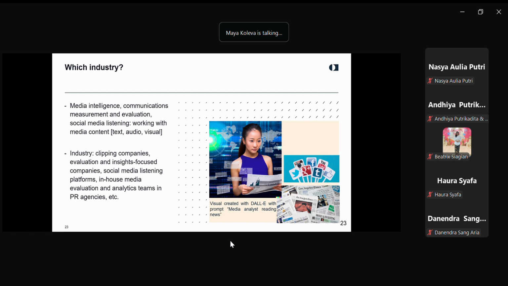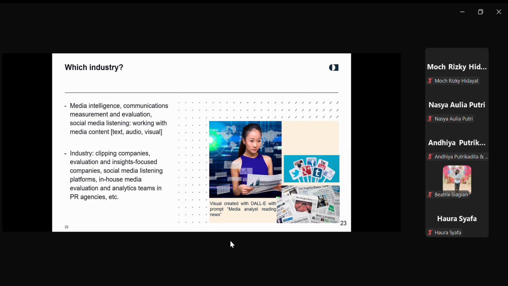Companies doing clippings or monitoring, evaluation and insights focused companies, social media listening platforms, in-house media evaluation and analytics teams, PR agencies, a lot of different types of stakeholders. But really, what is the lowest common denominator? We all work with data, and most of this data is textual data.